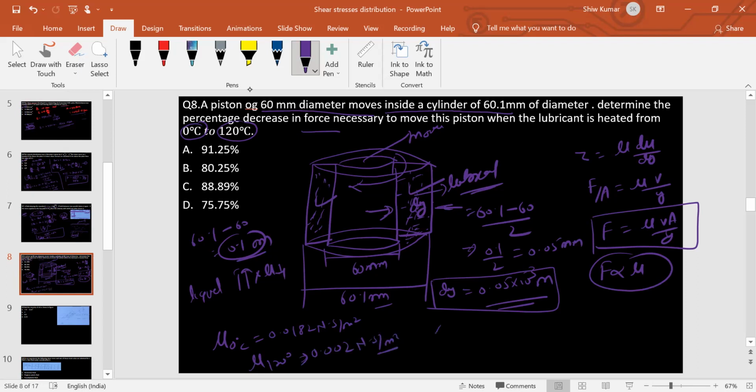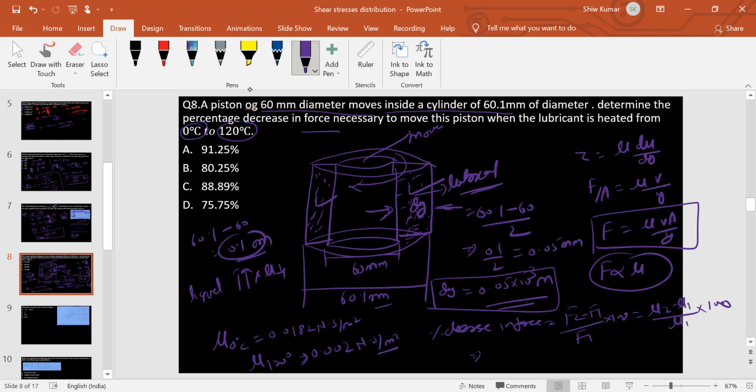So if you want to find out the percentage decrease in force, we can say that (F2 minus F1) divided by F1 into 100. Or you can write it in terms of dynamic viscosity: (mu2 minus mu1) divided by mu1 into 100.